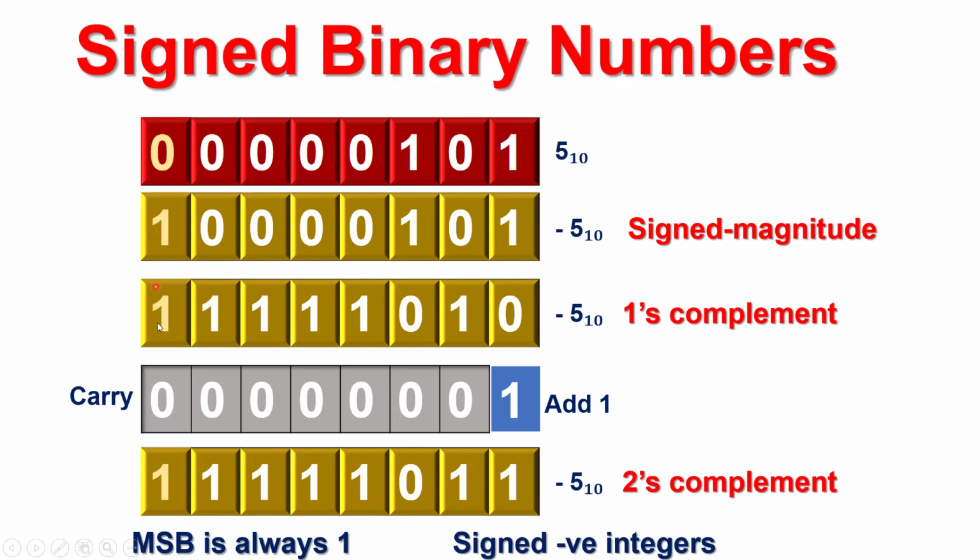When you see the MSB to be 1, you can say these are all negative integers, so they are signed negative integers. Hope you found this short tutorial useful to understand three ways of representing signed binary integers, both positive and negative.